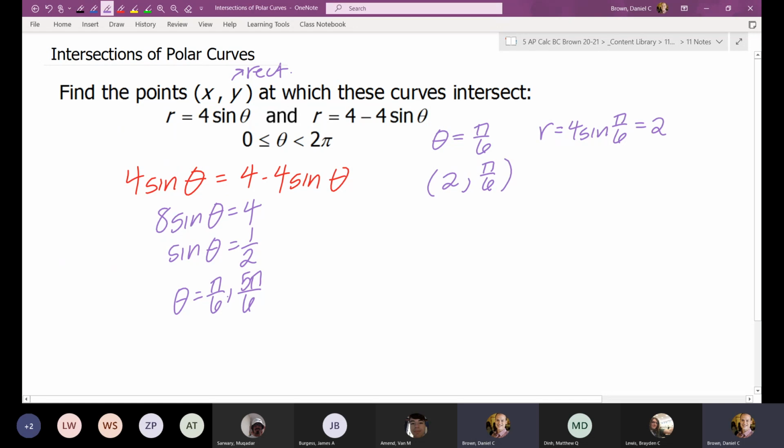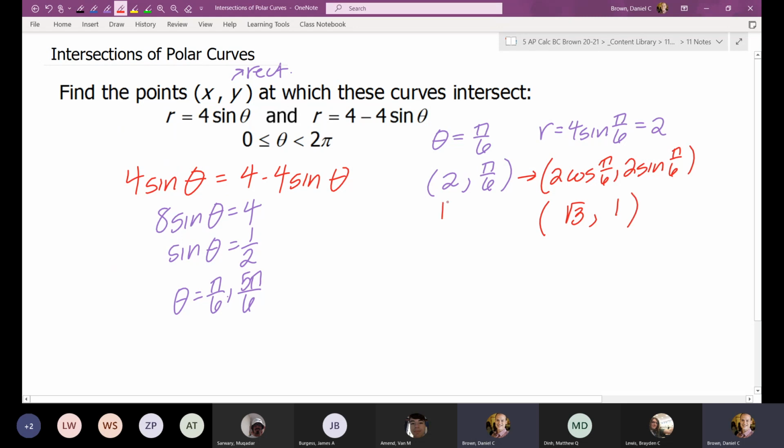How would I go from the polar coordinate into the rectangular coordinate? R cosine theta, R sine theta. So doing my conversions, cosine of pi over 6 is root 3 over 2, so I have the square root of 3 comma 2 times 1/2, or 1.